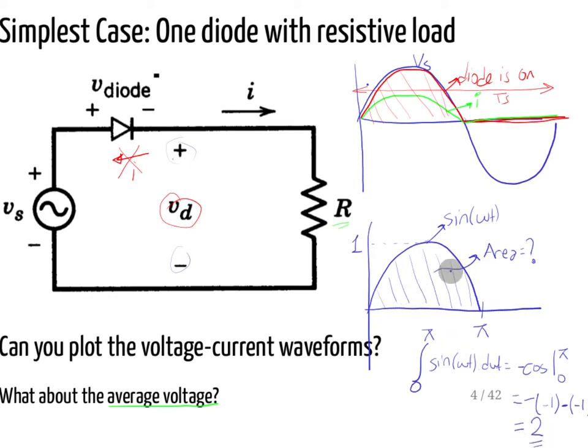So the area under a half sine wave is equal to 2. That is a really important parameter that you should know. If the peak of a sinusoid is 1, the area under one half of that sinusoid is equal to 2.